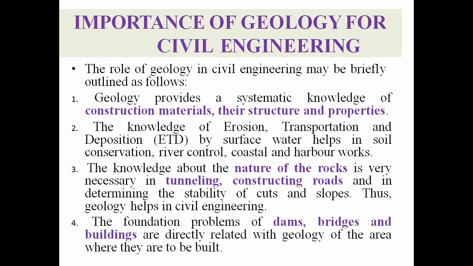And this work is related to when we are going to construct any structure on that river, for example, a dam. We have to construct one dam. Then we have to know in which area the rate of erosion is maximum, the rate of deposition is maximum, which is a suitable site, which is not suitable. All that depends on erosion, transportation, and deposition.